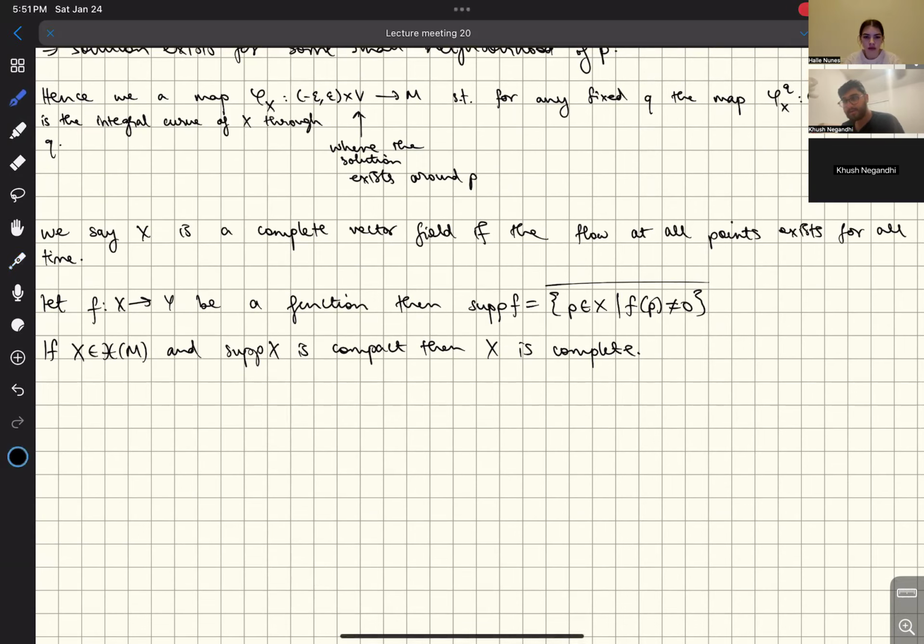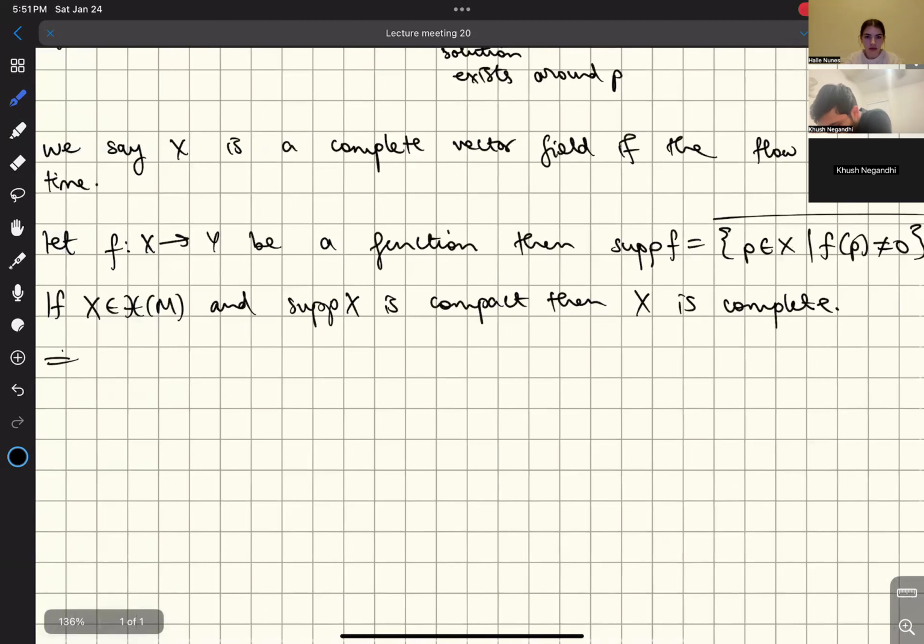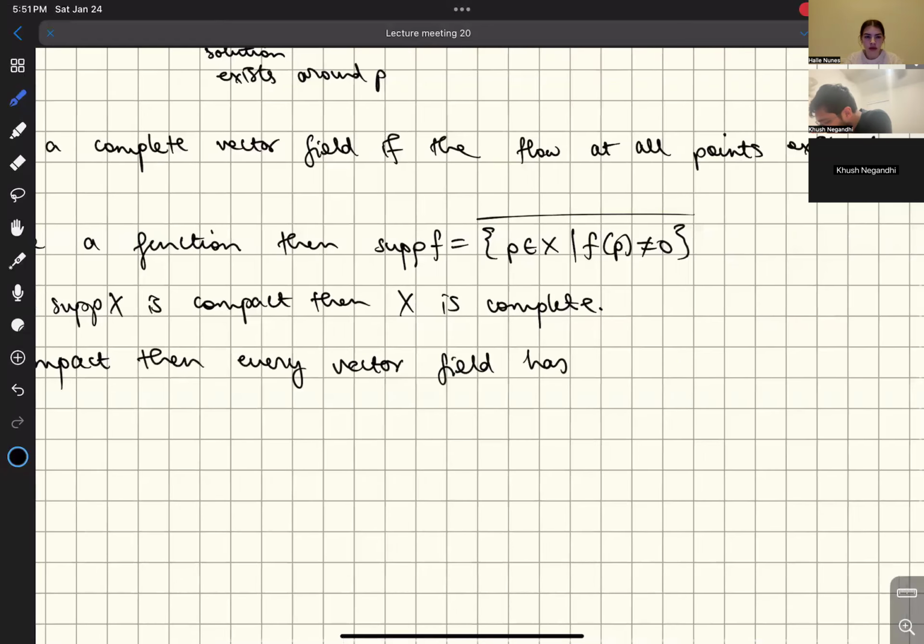This now implies that if M is compact, then every vector field has complete flow.